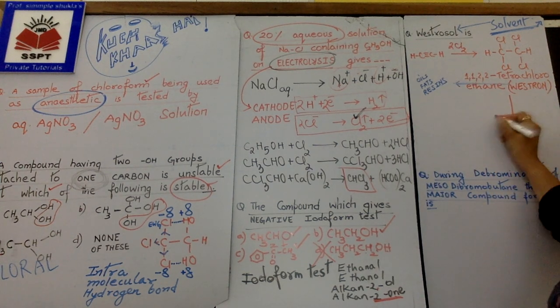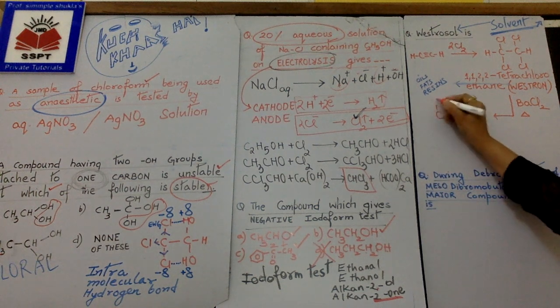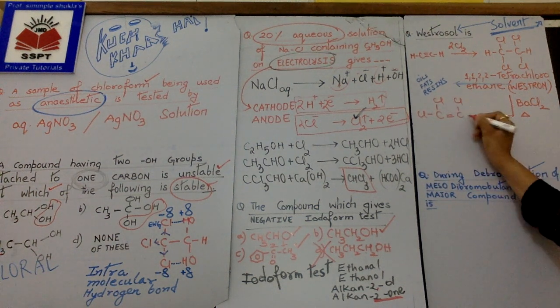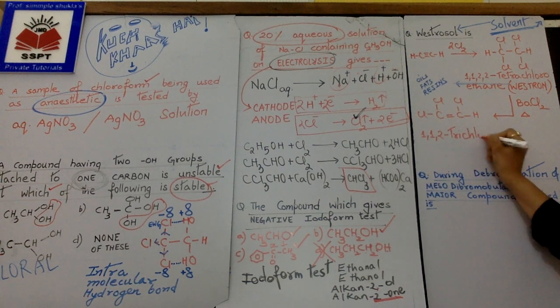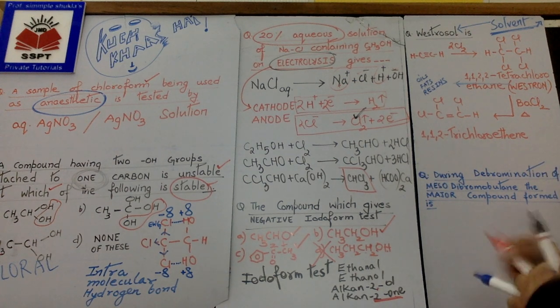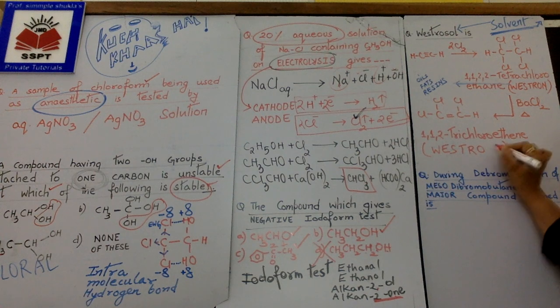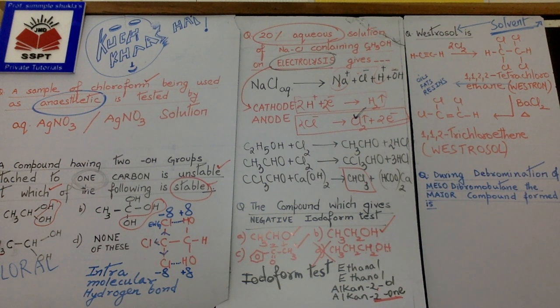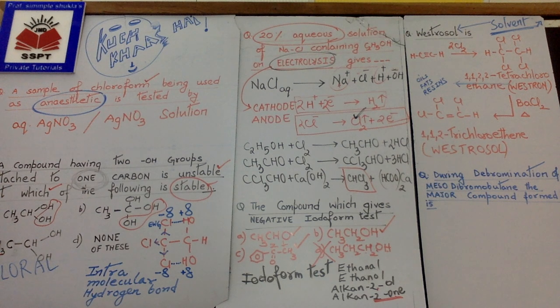When I treat this with barium chloride and heat it, then I get 1,1,2-trichloroethene, also called Westrosol. Westrosol is formed. Westrosol is also a very good solvent, in fact better than Westron.